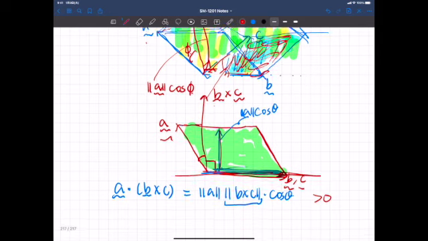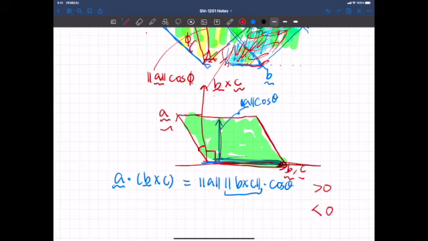Otherwise, it can be negative. If A is perpendicular to B cross C, that means A resides in the same plane as B and C. So in that case, the volume is 0. And if A is pointing in the other direction than B cross C, then the volume is negative. So it is a signed volume.